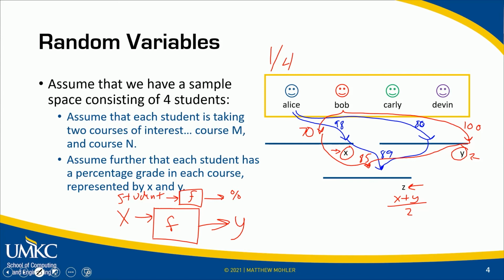And so now that we have a little bit of background as to why, the point here being that I can utilize some function to establish an output based on which of the outcomes, whether that's Alice or Bob or Carly or Devin, is selected.